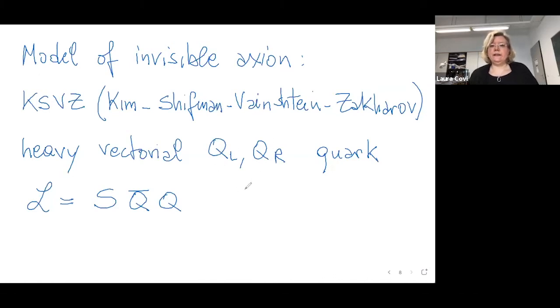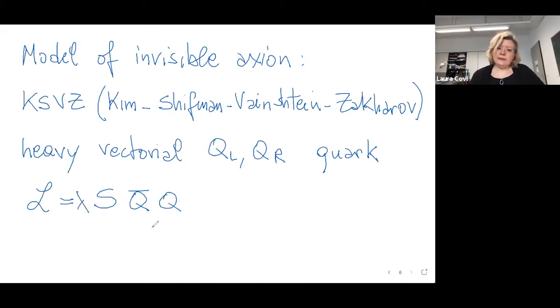And in that way, you see that this term would again break the Peccei-Quinn symmetry. So the field S also has to be charged under Peccei-Quinn. So the simplest thing is to take this combination, which is invariant. Here, of course, you can also write a coupling, a kind of Yukawa coupling.